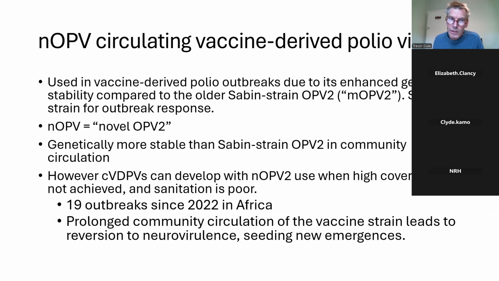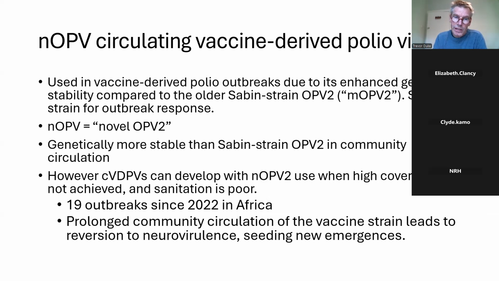Now, I talked before about NOPV. This is the novel oral polio vaccine, and NOPV is a relatively new vaccine that is much safer than TOPV, the trivalent, and it's much safer than MOPV, the monovalent.